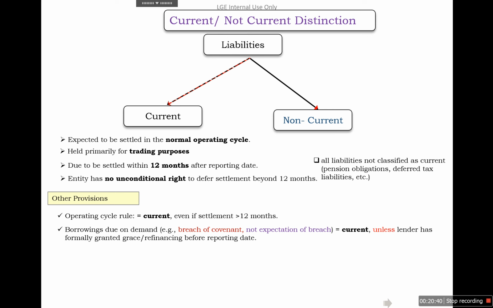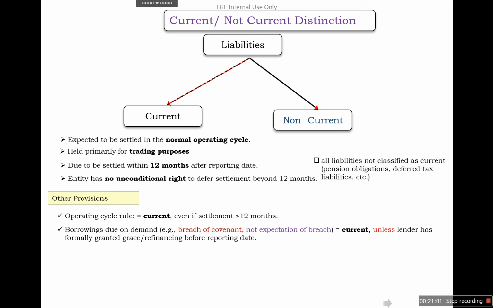Second, if there is a breach of covenant in case of the borrowing and the lender has formally granted a grace period or has refinanced it before the reporting period date and the period is more than 12 months, in that case it will be classified as non-current.